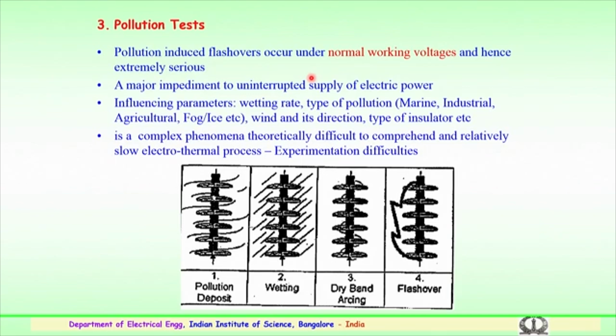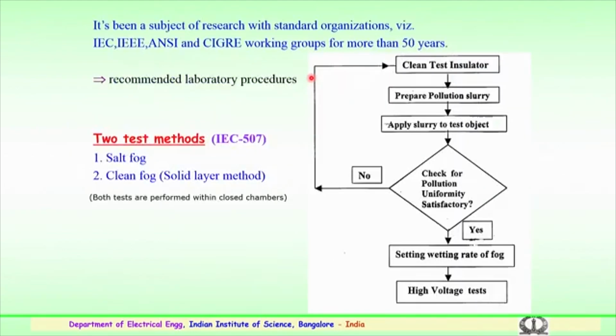These tests are also essential for extra high voltage and ultra high voltage ceramic and glass insulators. For polymer insulators, a new type being used, these standards are not yet finalized. So, we are discussing ceramic or glass here.